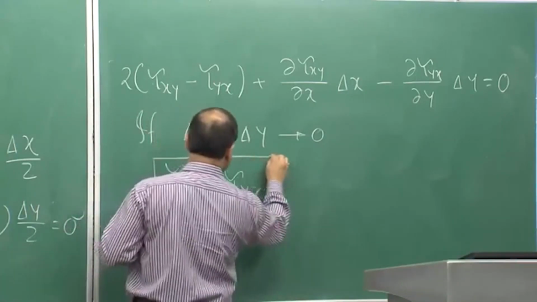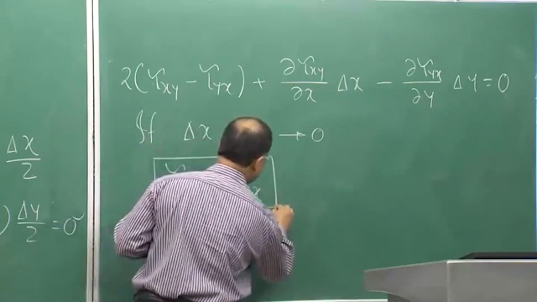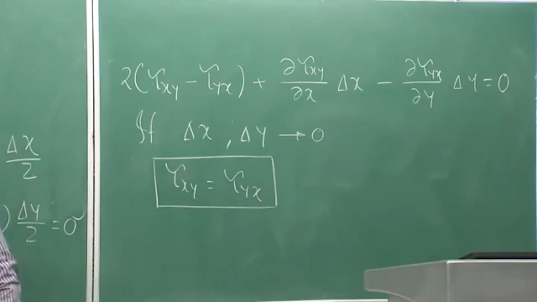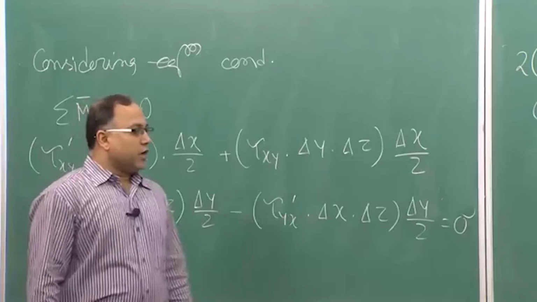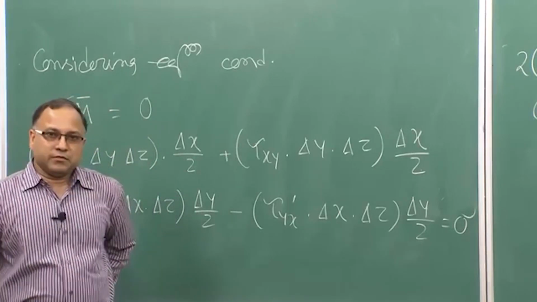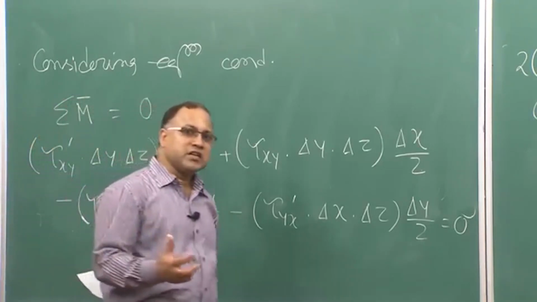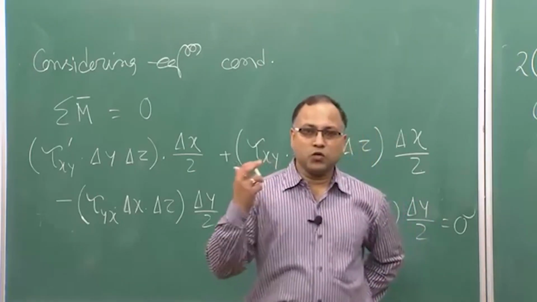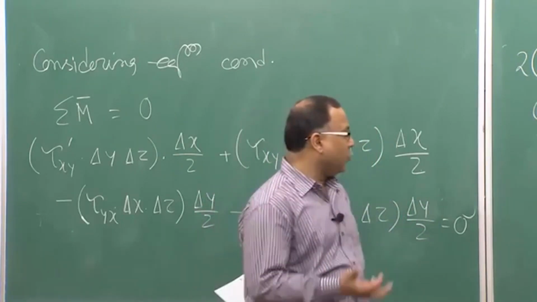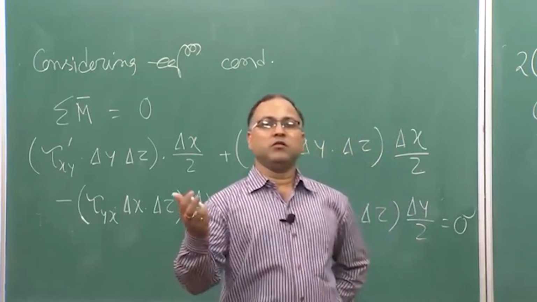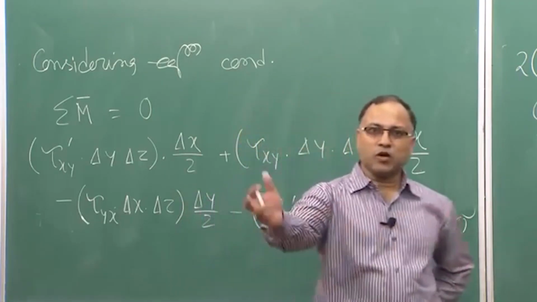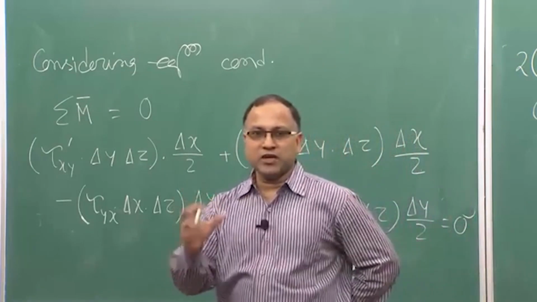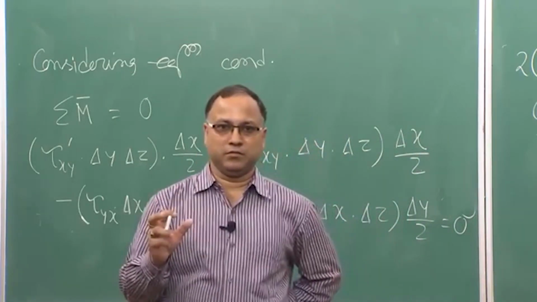This is a very important and useful relation. Tau xy is equal to tau yx, right. That means the cross shear is the same. Similarly, tau xz should be equal to tau zx, and so on. So, all cross shear components are equal, right.